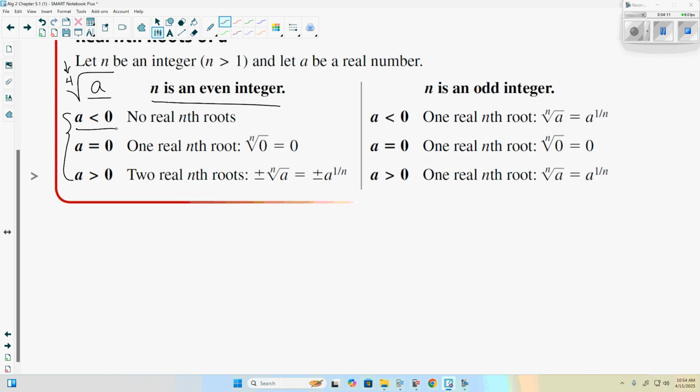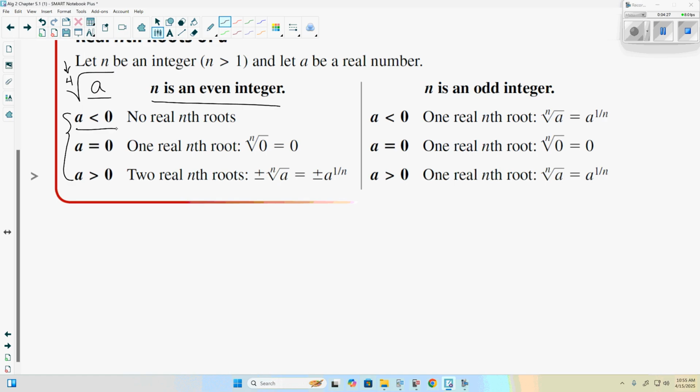There is a root, we can take it, but it is not a real number, because the square root of -4 is plus or minus 2i. There is a root, it's just not real.